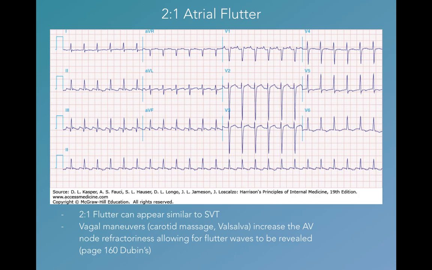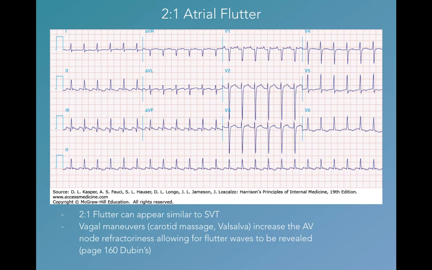So this SVT that I talked about earlier, which is, to refresh your memory, supraventricular tachycardia, I put a list of what the rhythms included under SVT are. You can use vagal maneuvers like a carotid massage or Valsalva to increase the refractoriness of the AV node.